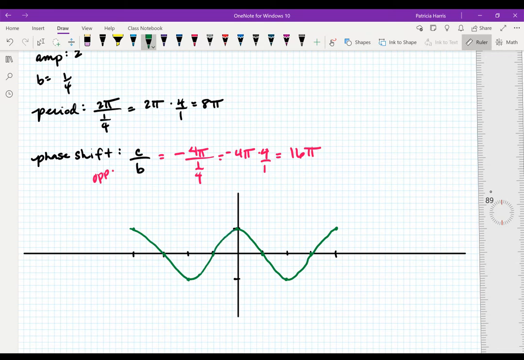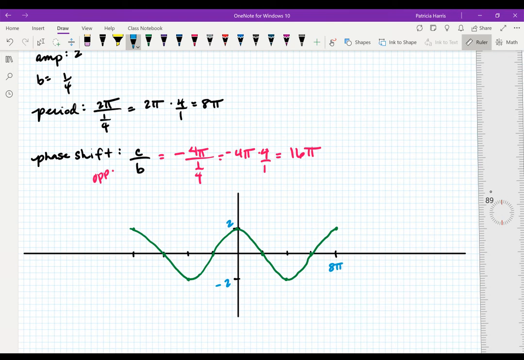Okay, so now, again, remember these graphs are periodic, they continue. You should probably put arrows on the end, but that's okay. Let's go. My amp is now 2. So 2 and -2. All right, one full period is 8 pi.